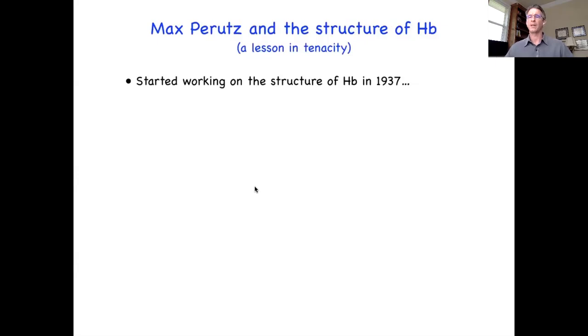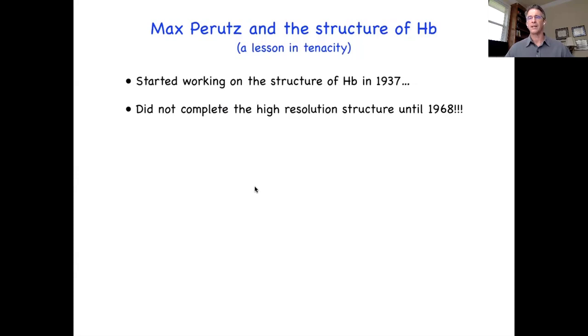This is the group that did the very first application of X-ray diffraction to large macromolecules as opposed to small organic molecule structure. And Max started working on this problem in 1937. He didn't solve it until 1968. That's 30 years on one problem. Wouldn't it be nice to get that kind of time to work on a good problem?